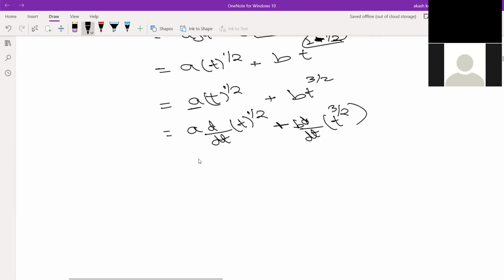Yeah, so we can do the same thing with fractions. It's going to be a times 1/2 t, and then half minus 1, so minus 1/2. Plus b, and then 3/2 t to the 3/2 minus 1, so it's going to be 1/2.